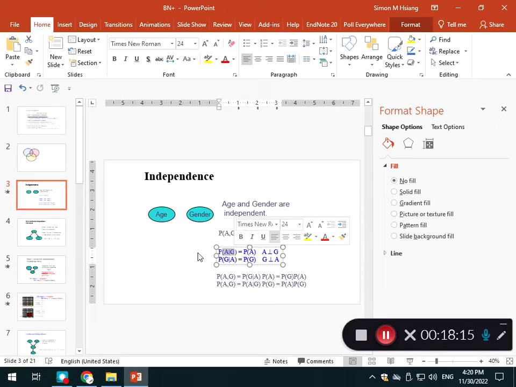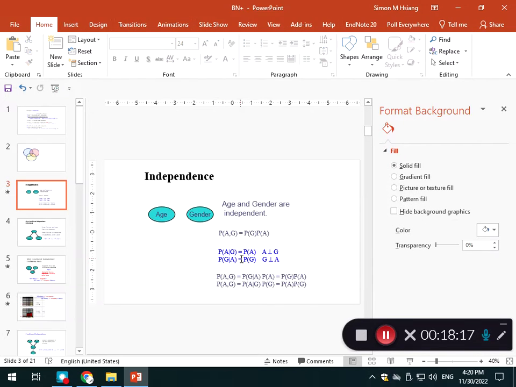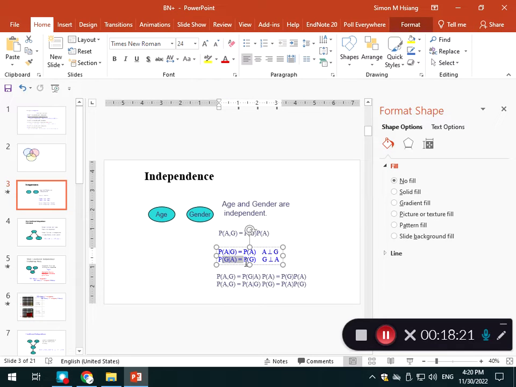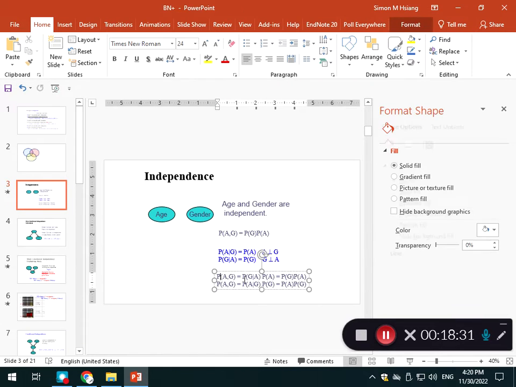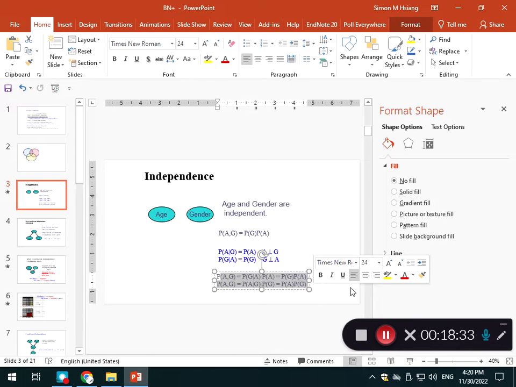No. And vice versa. Knowing your gender, P(G given A), doesn't provide extra information about A, because they are independent. And so the Bayesian rule, the chain rule, applies.